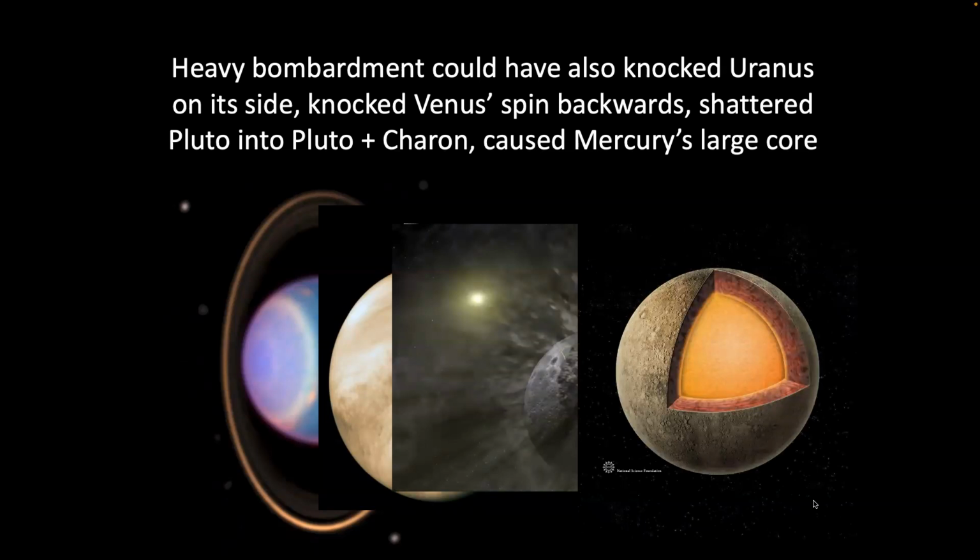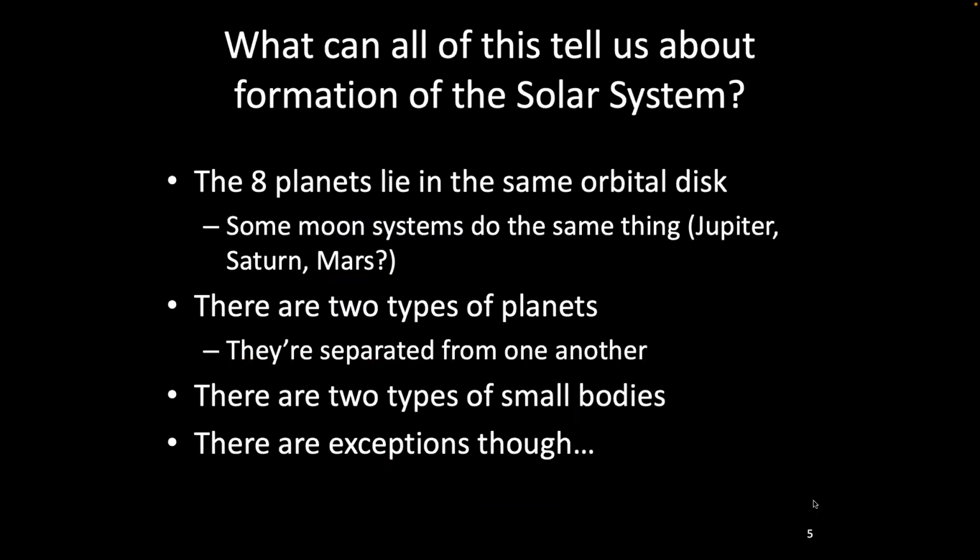So in general, when we think about the solar system, we've seen all of this evidence so far. We can boil it down to a few things. We see that the 8 planets lie in a common plane, something called the ecliptic. They orbit in the same direction. They mostly rotate in the same direction. And the moon systems do similar things.